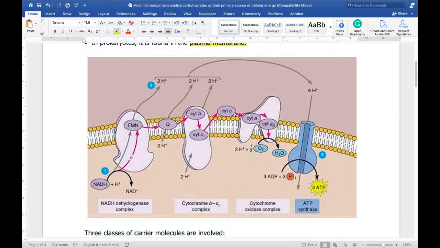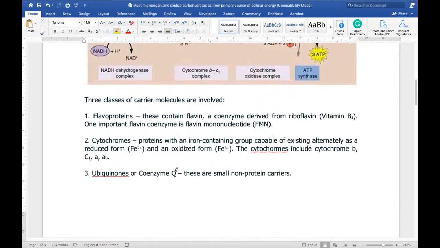In the first step, NADH is being oxidized to produce NAD plus, giving rise to FMN. Then FMN will produce two hydrogens, and beyond that it will keep producing Q. We'll discuss that complex also.